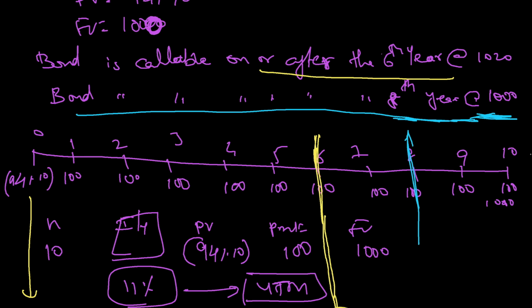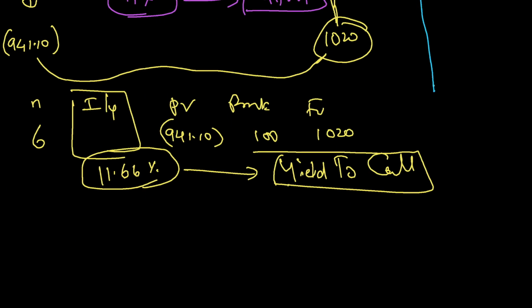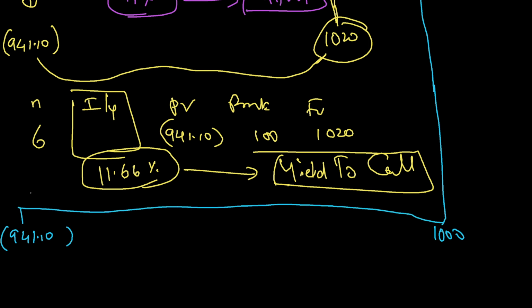So 8th year it will be called at the par value. So when it will be called at the par value, that means 1000, and the present value still remains at 941.10. So now I will assume that this bond is as if it is only for 0 to 8 years.